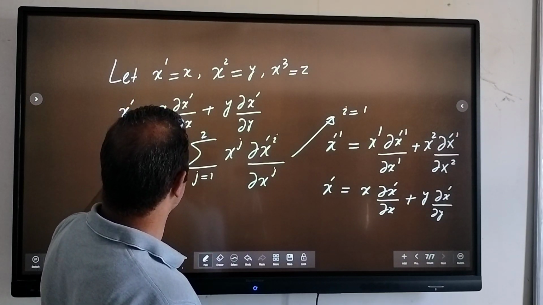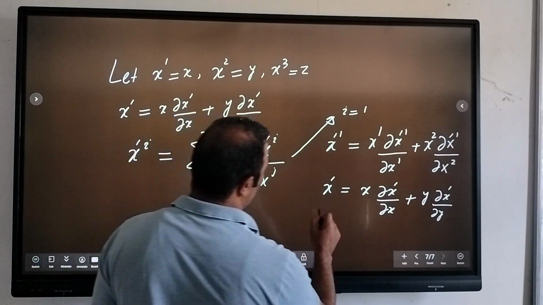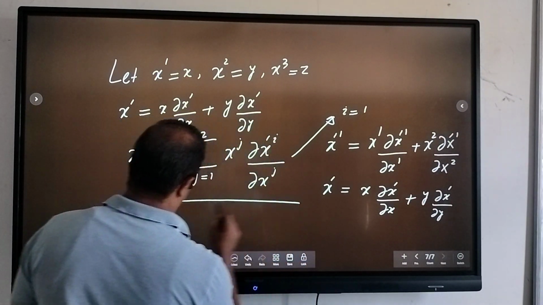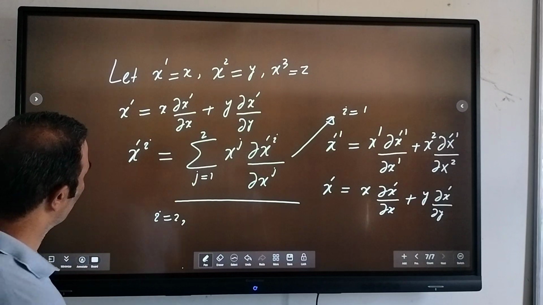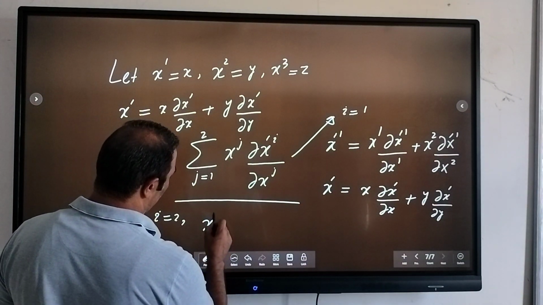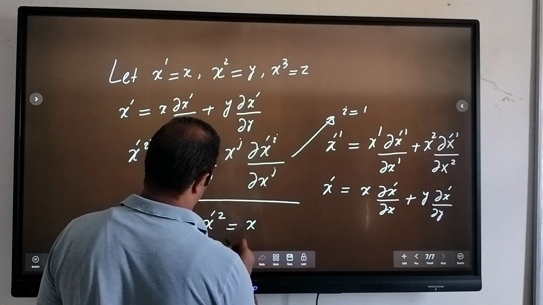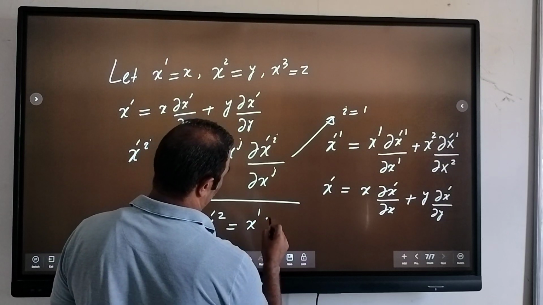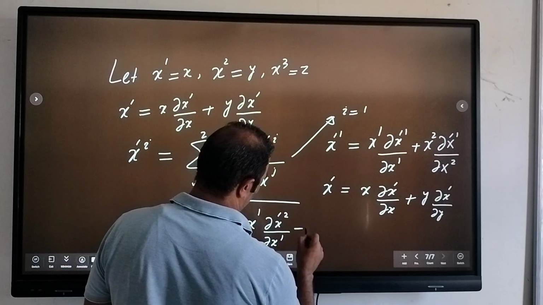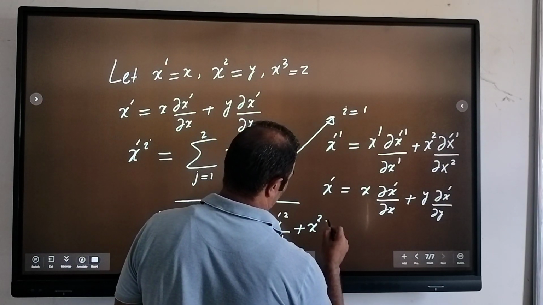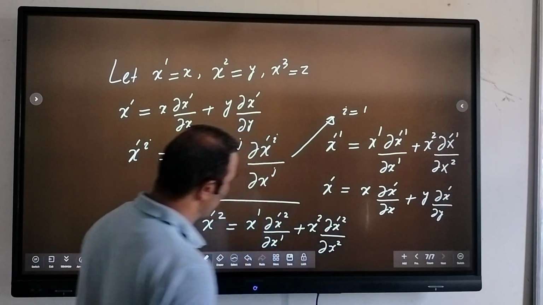Now similarly for y, if you put i equal to 2, अगर मैं i 2 यहाँ पे लूँगा, so that means I can write then x prime 2 will be equal to, okay.